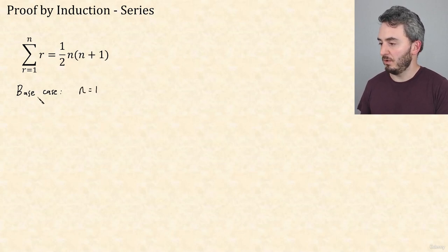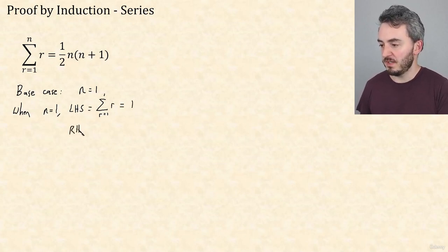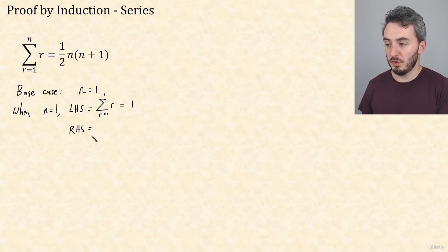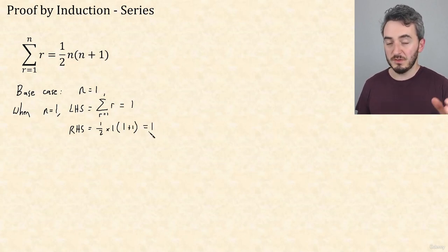When n equals 1, what's the left-hand side? Well, the left-hand side is the sum from r equals 1 to 1 of r, i.e. the sum of the first one natural number, that's just 1. What's the right-hand side? Well, it's what you get when you sub 1 into this formula. So that's half times 1 multiplied by 1 plus 1, that's half of 2 and that's 1. So we've shown that this formula is true when n equals 1.